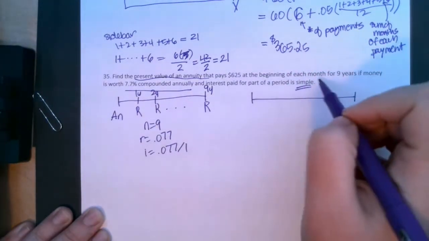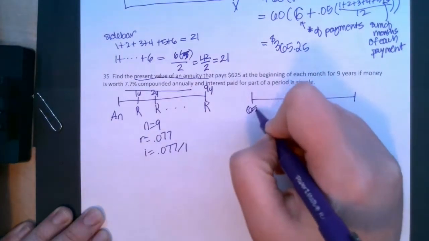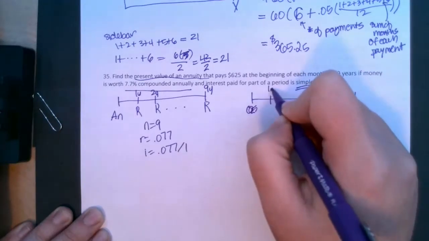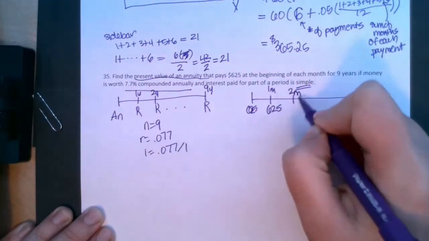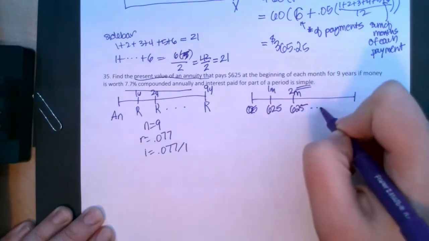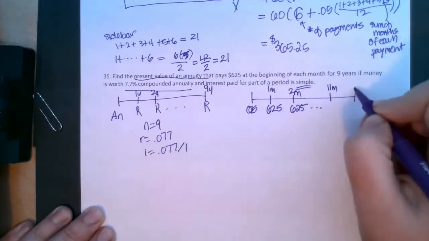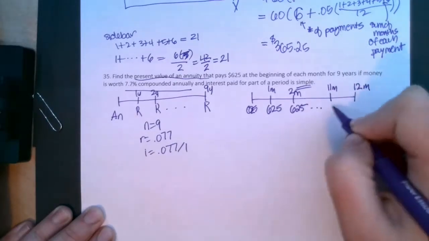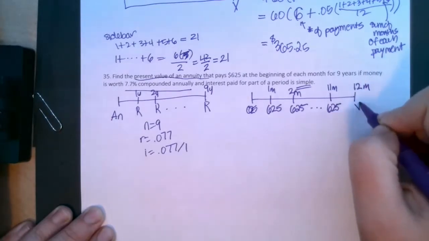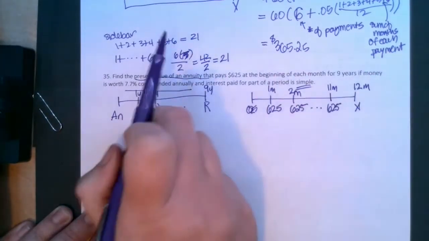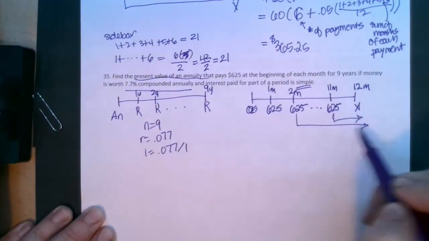So this is the beginning of every month. We'd get one now, because it'd be beginning of month, and then we get another one next month, and another one next month. The last one of the year is going to be at the 11-month mark, and we need to do it for 1 year, so we're going to move everything to the back. We're trying to find this value. So again, we have to move them just like we did up here in number 34. We have to move them all the way down.